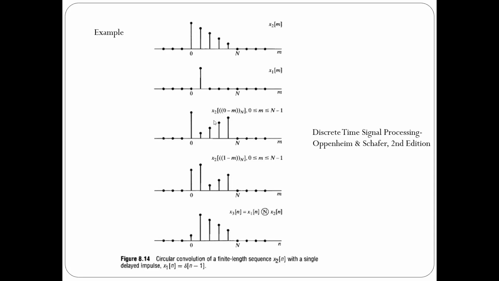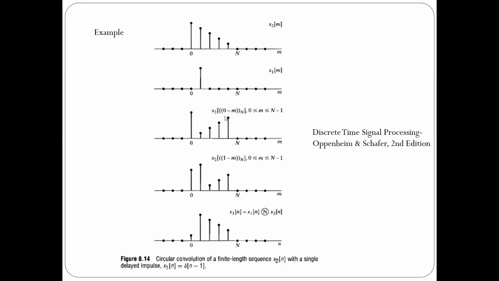We start with x2 of minus m modulo N for 0 less than or equal to m less than or equal to N minus 1, which you can write by putting the first sample as such. Take the last sample and put it as the second sample. The next sample forms the third sample, and likewise, this will form the last sample. So this is x2 of 0 minus m modulo N for 0 less than or equal to m less than or equal to N minus 1.